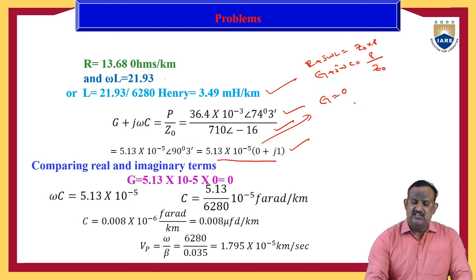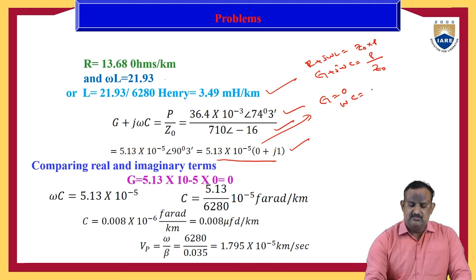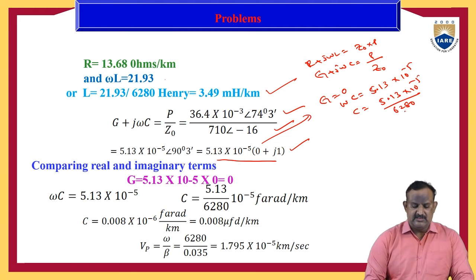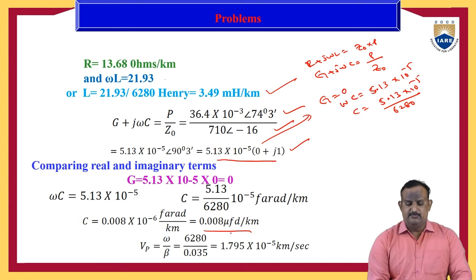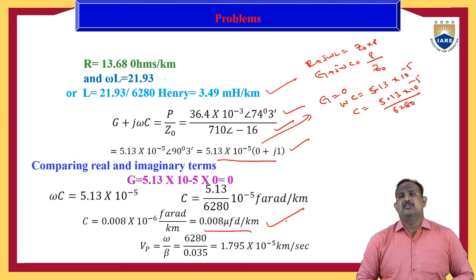If you compare the imaginary part, omega C is equal to 5.13 into 10 power minus 5, and capacitance C is equal to 5.13 into 10 power minus 5 by omega, where omega is the angular frequency 6280. Therefore, the capacitance C is equal to 0.008 microfarads per kilometer.